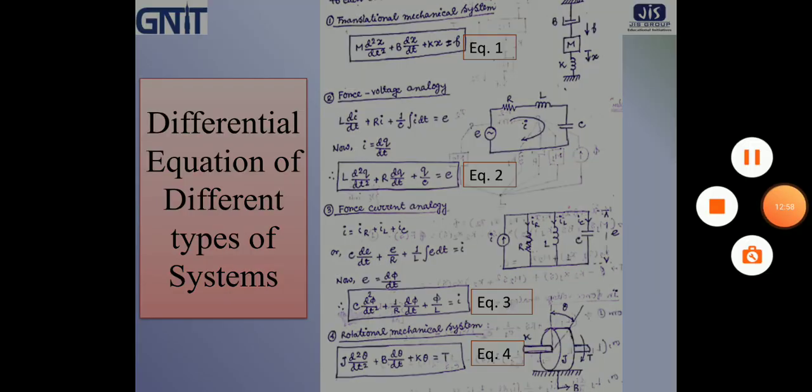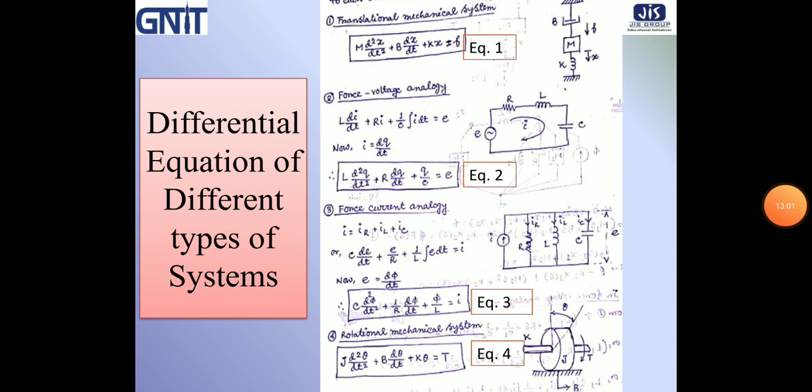Now look at these 4 equations, equations 1, 2, 3 and 4. All the equations are mathematically identical, but their parameters are different.